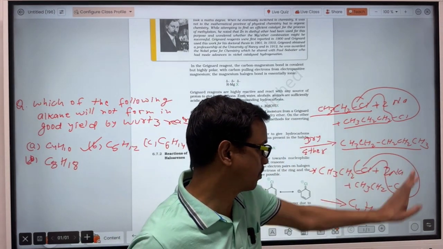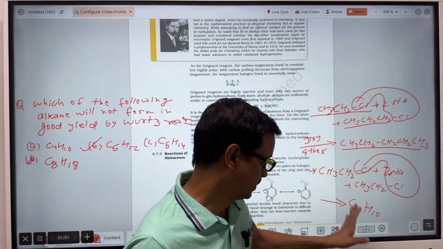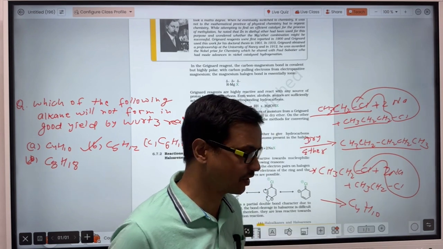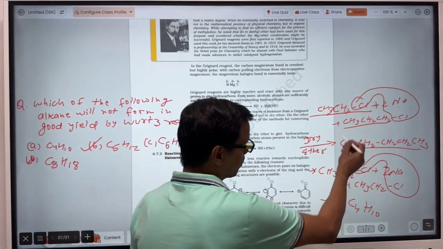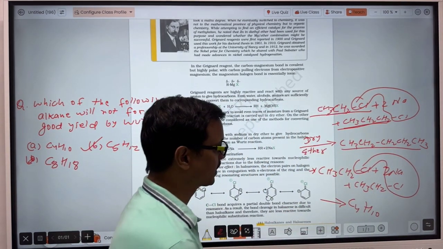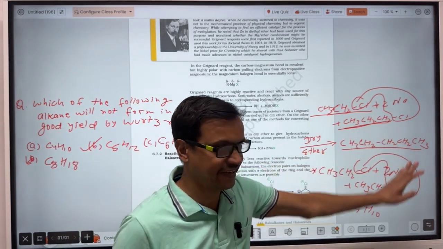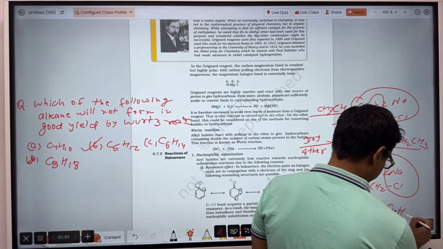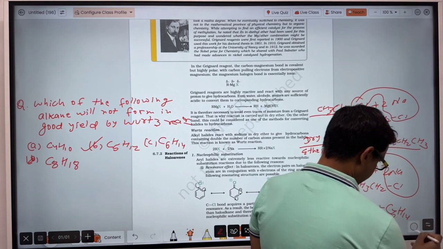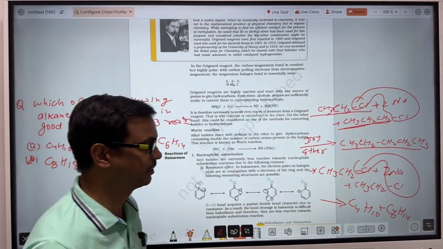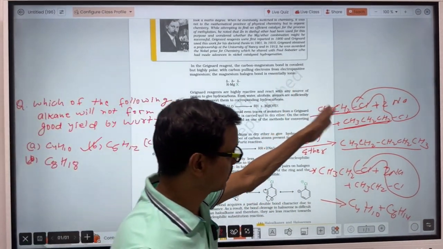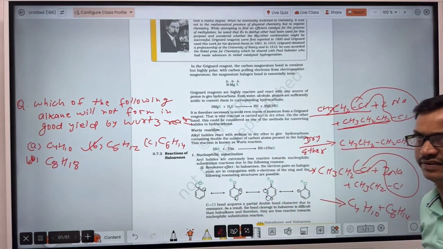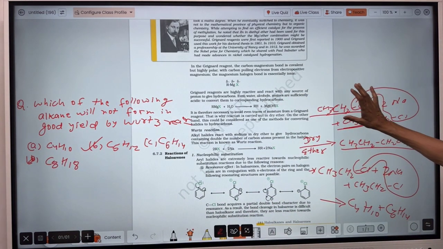So in addition to the formation of C5H12, there will be formation of C4H10 also. In addition to that, chloropropane reacts with chloropropane, so the alkane having 6 carbon atoms, that means hexane, C6H14, will also form.